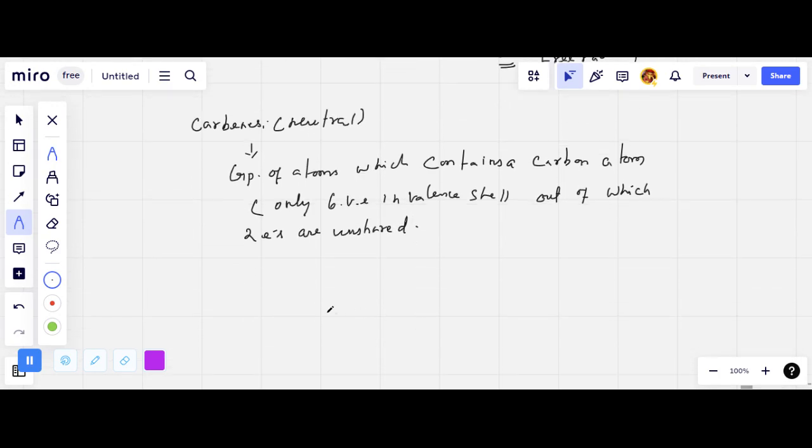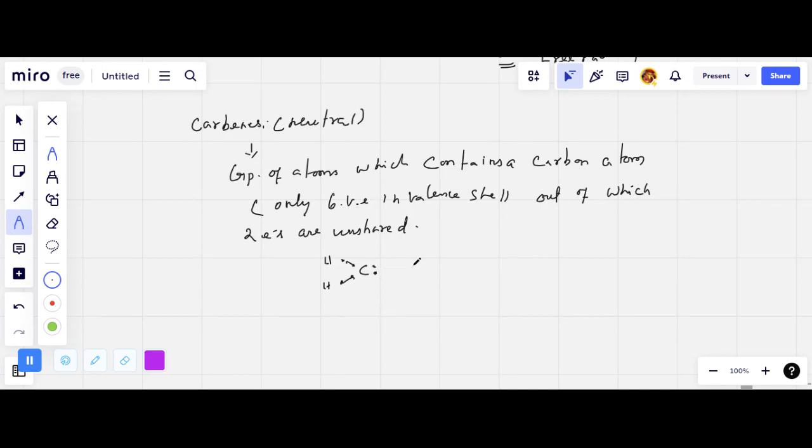Okay, for example, take carbon and hydrogen. Here two electrons are there, here two electrons, hydrogen. So in total it has 6 electrons in its valence shell, but out of these 6, 2 electrons are unshared. This is a carbene.